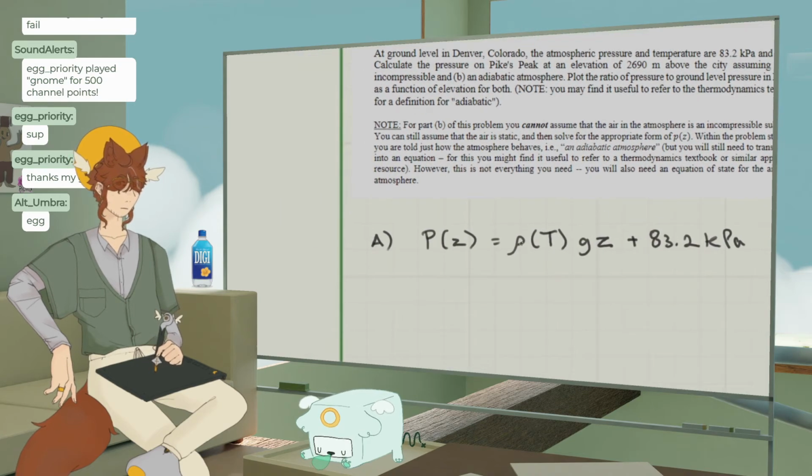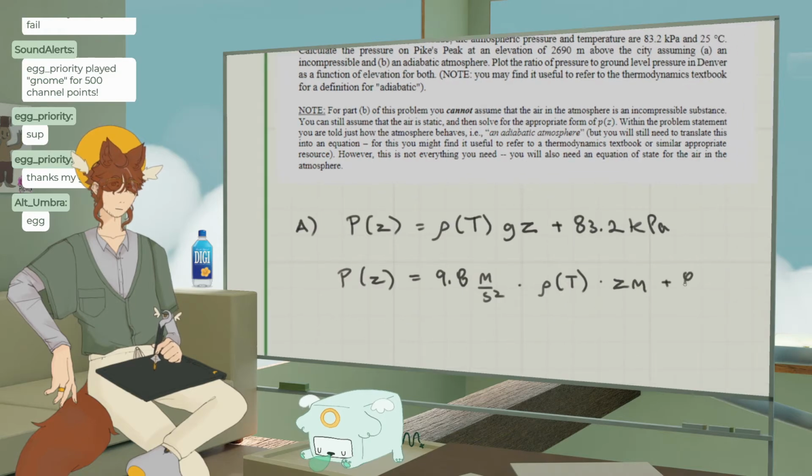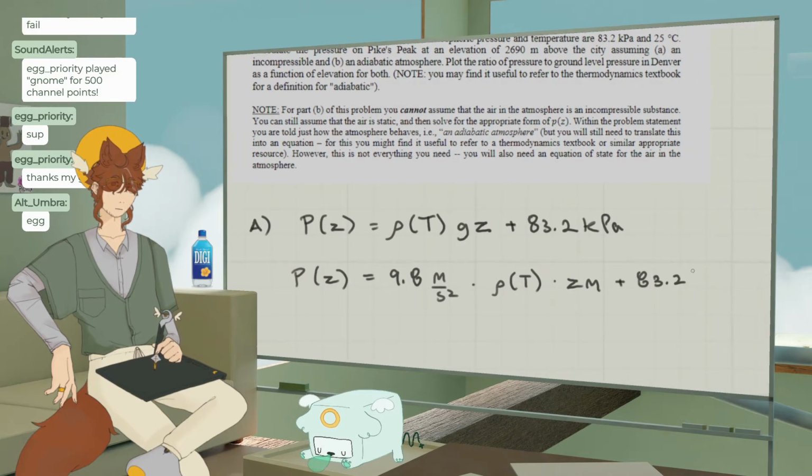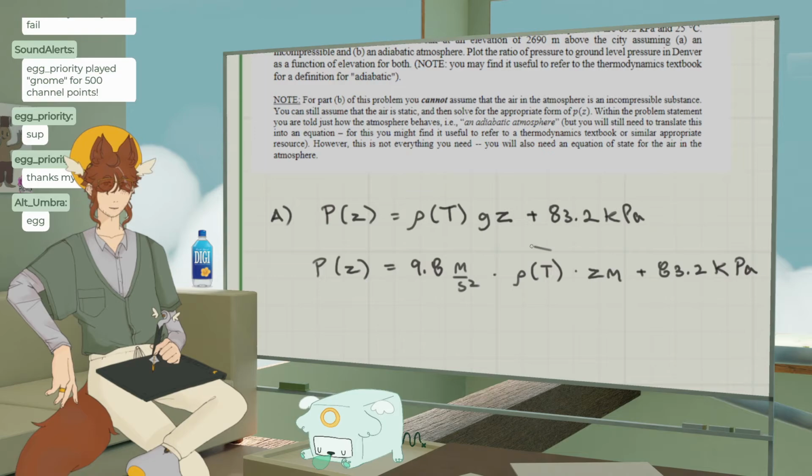Okay, we can put gravity in there. That's a good start. 9.8 meters per second squared. It's density times meters, I guess. Yeah, Z. Okay. That's something. Now the only hard part of this problem is this.